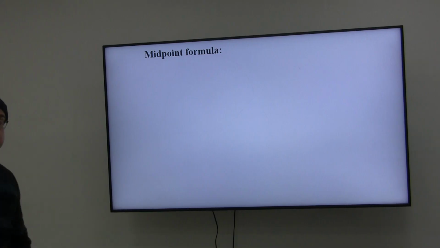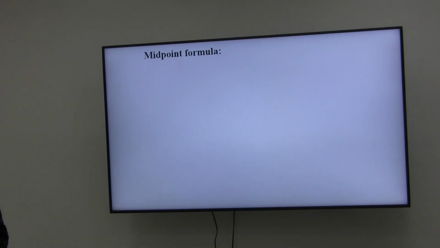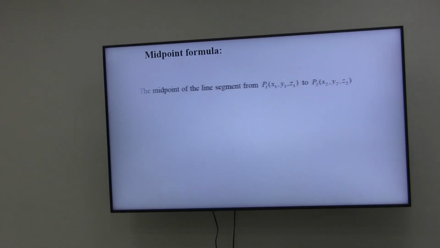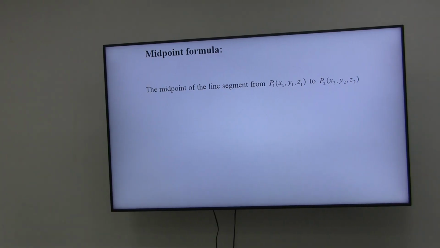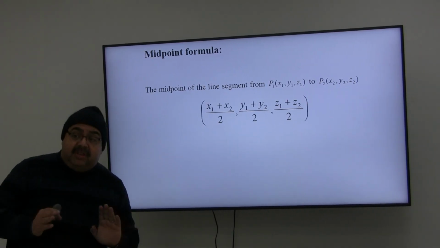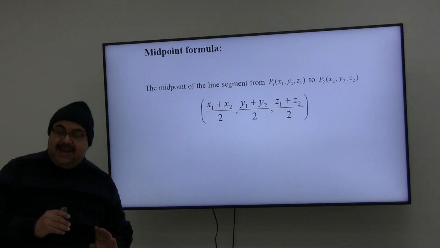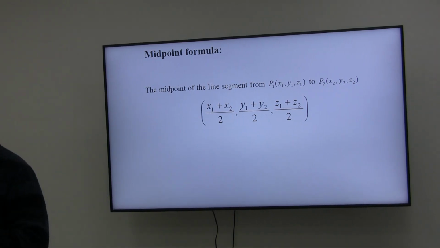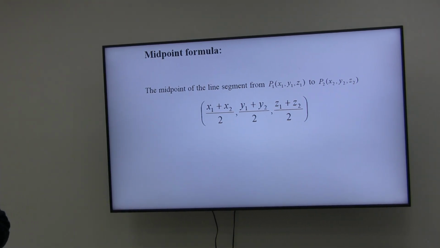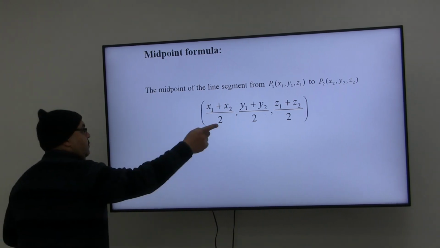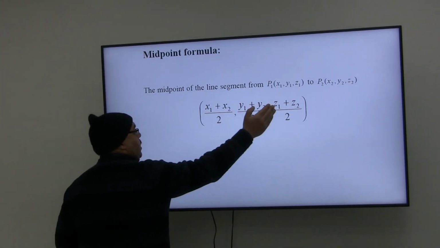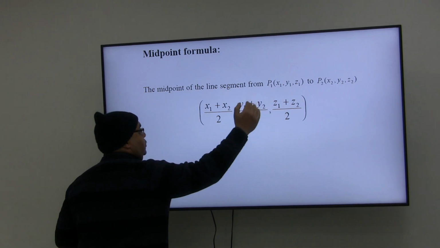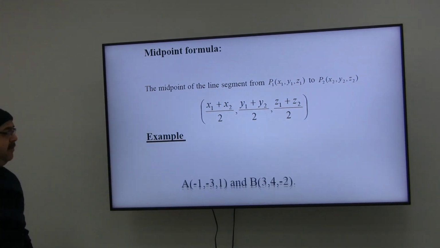Okay, how to get a midpoint between 2 points, just in case you need this in the future also. It's very, very simple. All I have to do, instead of getting the difference between the coordinates, is add the coordinates to each other, then divide by 2. So I add x1 plus x2 over 2, y1 plus y2 over 2, z1 plus z2 over 2, and then you will have your midpoint.